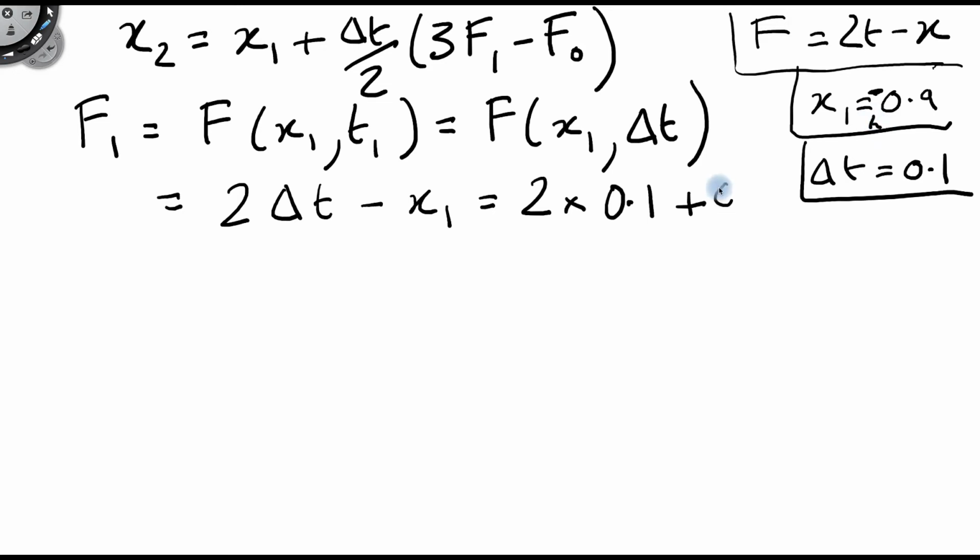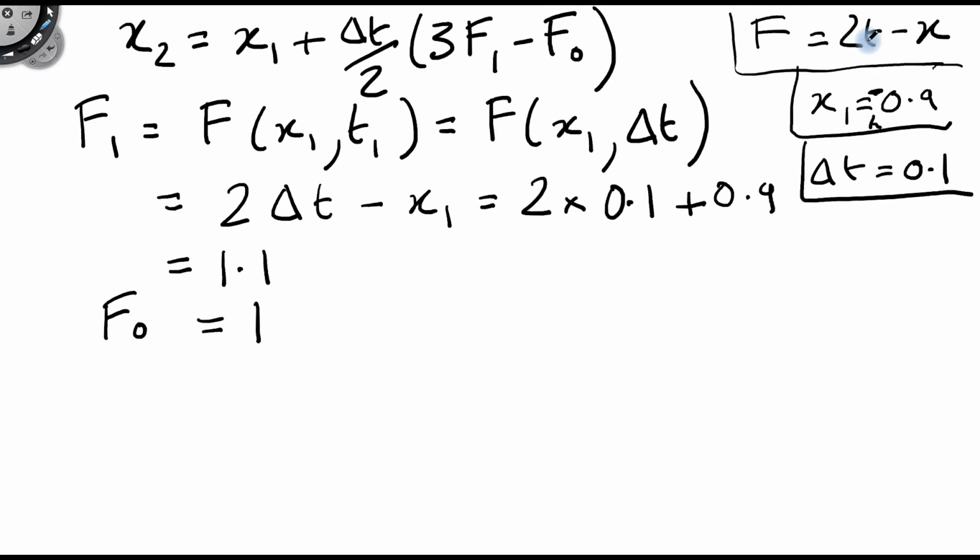So then it comes plus 0.9 when you take the minus sign, which equals 1.1. F0 we already have from the previous step. In fact, this is the function at the beginning, which was just 1. That's when you put minus 1 into x and t is 0.